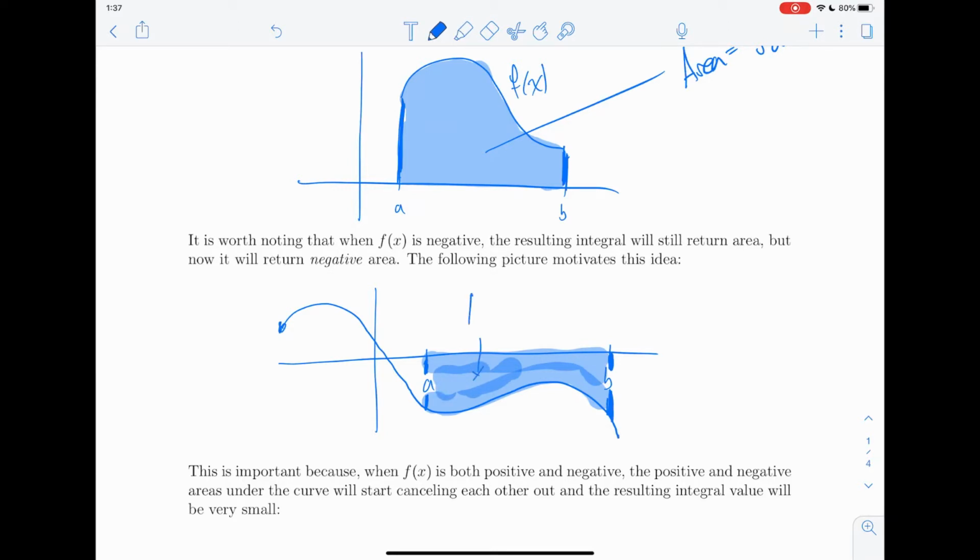This area between a and b of our function f of x is still a valid area, but now it's what we're going to call a signed area. This area is going to be a negative number. So the area is still going to be the integral from a to b of f of x dx, but this is going to be negative.